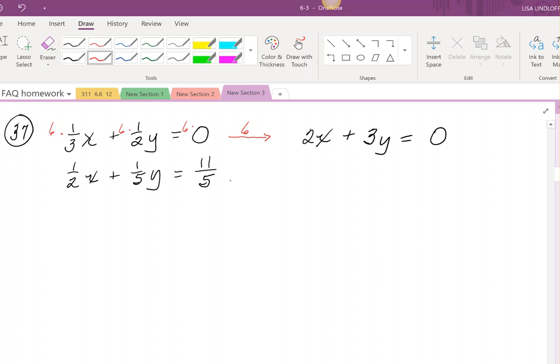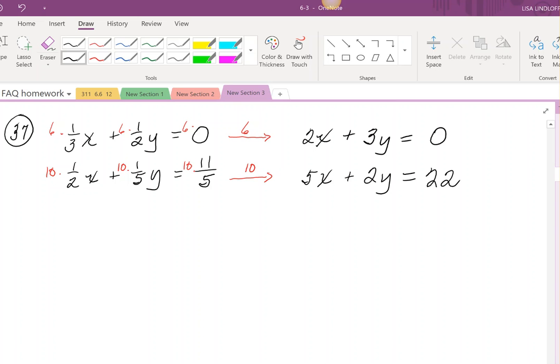The second equation, what would I multiply by to eliminate all these fractions? Well, the LCD is 10. So I'm going to multiply 10 here, 10 here, and 10 here. That will give me 2 goes into 10 5 times, so I have 5x. 5 goes into 10 2 times, so I have 2y is equal to 5 goes into 10 2 times, and I have 22.